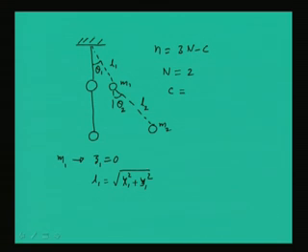Similarly, m2 has similar two constraints. So, here you can see that C is 4 constraints total in the system. So, we have n equal to 2 again.